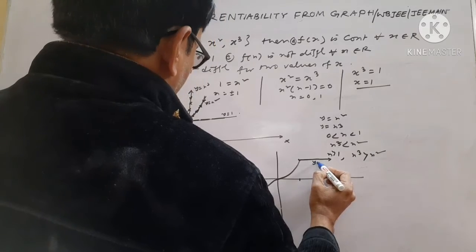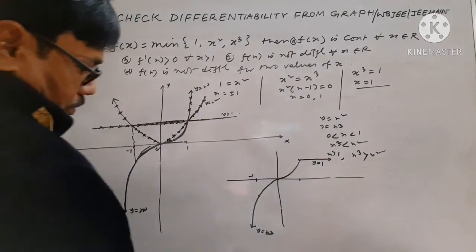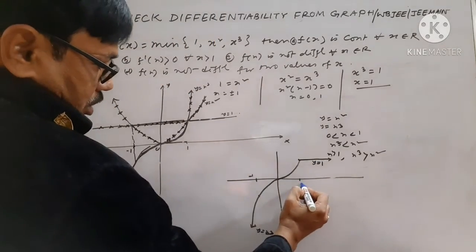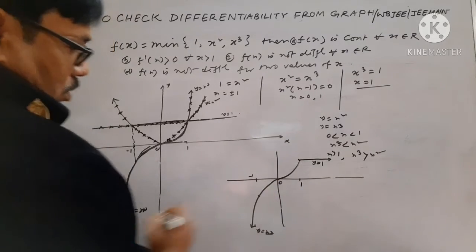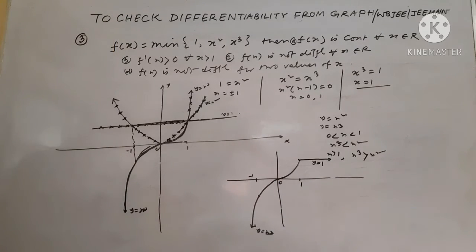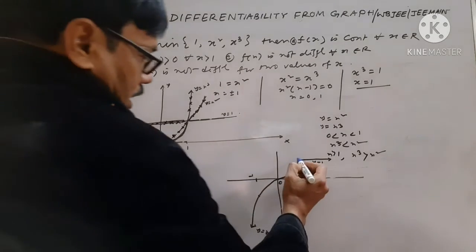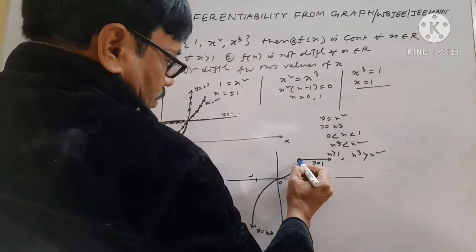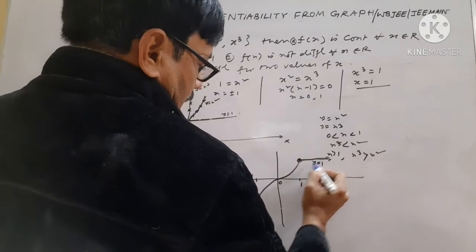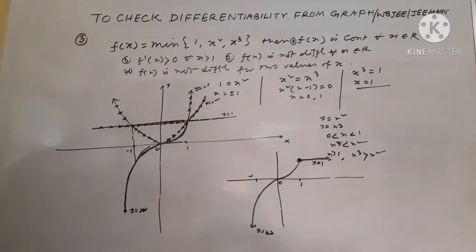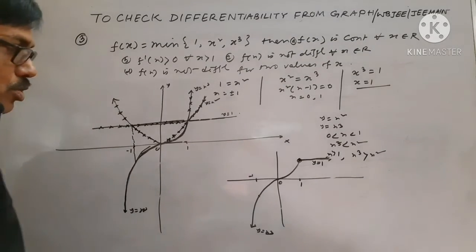So y equals to 1. This is y equals to x cube. This is 1, this is 0. So at x equals to 1, it has a cusp. So not differentiable at x equals to 1. It is not differentiable at x equals to 1.